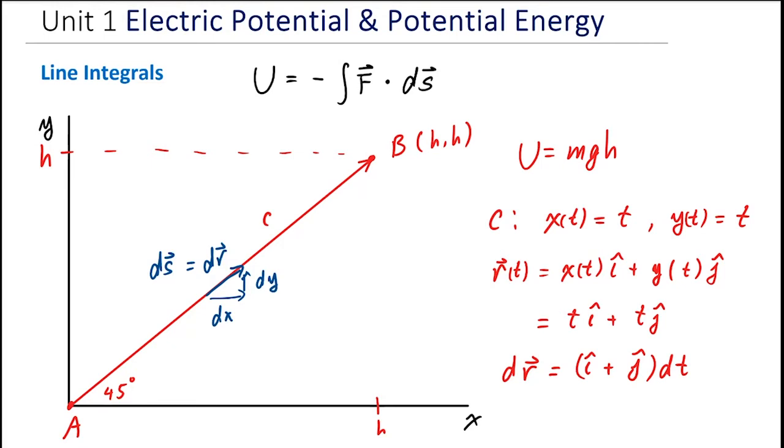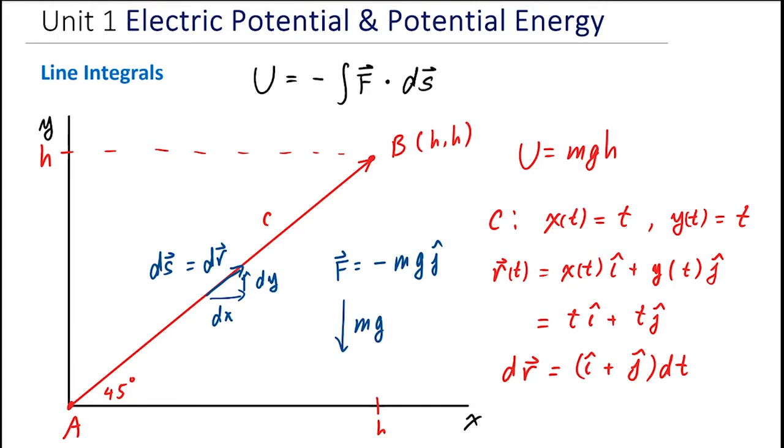Then we have a vector field, and our vector field, of course, the gravitational field, is negative mg j vector. It's just going down by a magnitude of mg.